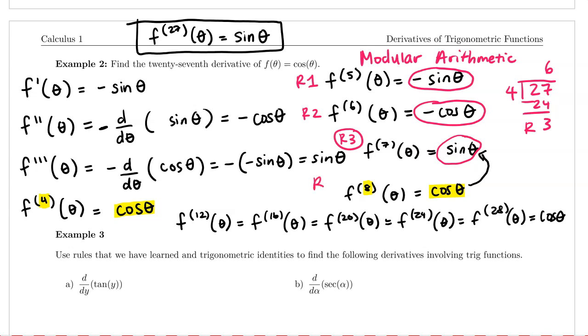And then finally, if something is remainder 0, because that means it's a multiple of 4, we have cosine of theta. So that's just some interesting facts utilizing this other topic called modular arithmetic.